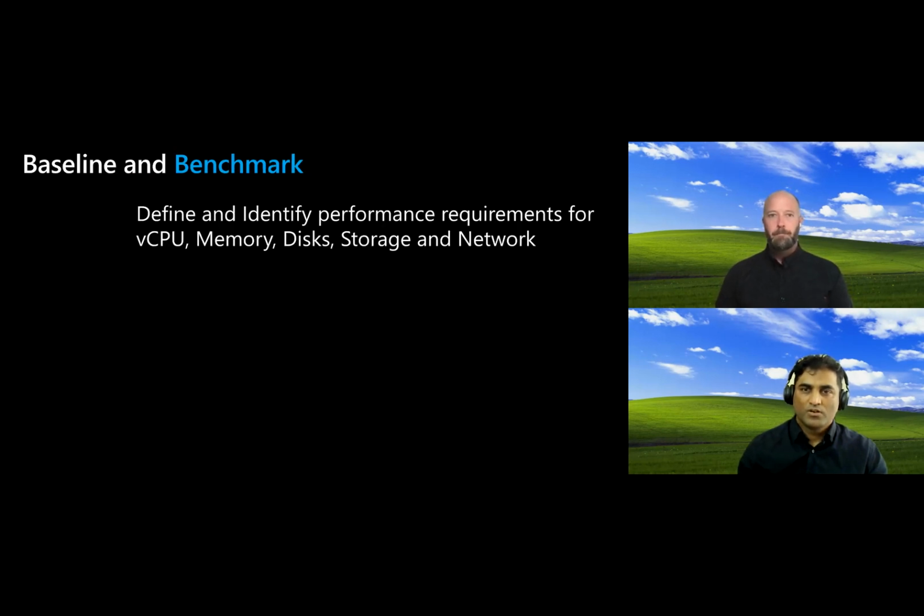All right, so to start with, as you know, HPCC is a super powerful platform, and it can do many, many things. But to baseline and benchmark, we have to have some achievable goals, right? So first, identify what your requirements for performance are, like CPU, memory, disk, and so on, right?